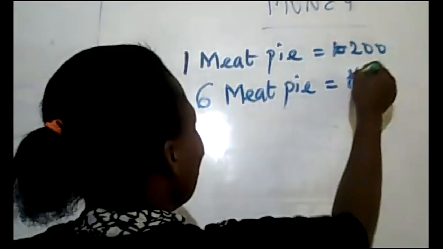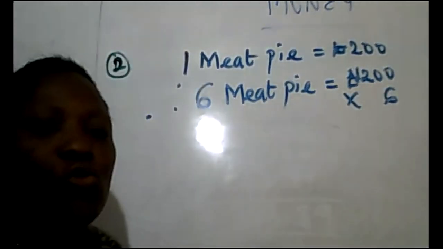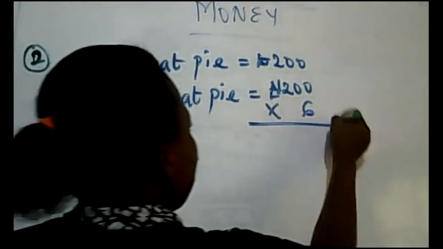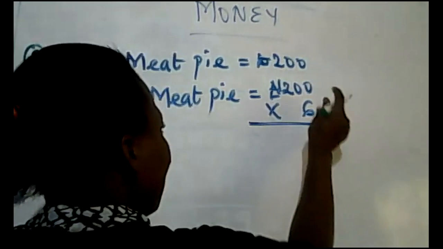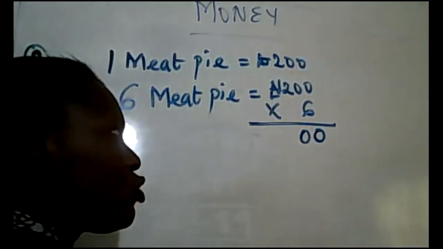So therefore, 6 meat pies equals 200 times 6. 6 times 0, 0. 6 times 0, 0. 6 times 2, 12.